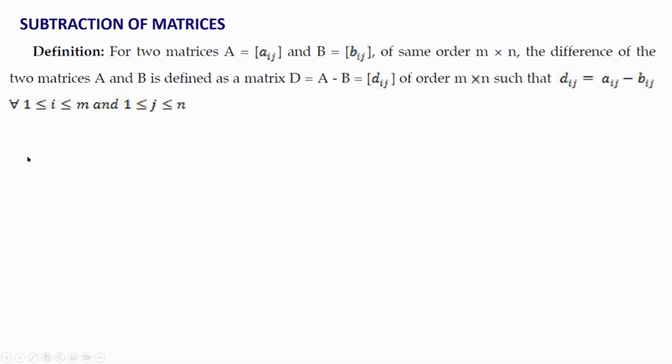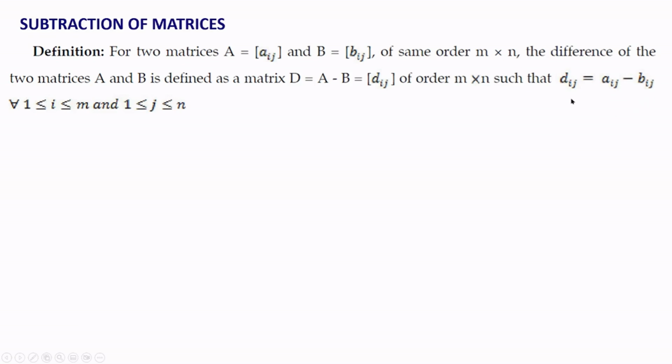Next we have subtraction of matrices. For two matrices A equal to Aij and B equal to Bij of the same order m by n, the difference of the two matrices A and B is defined as a new matrix D given by A minus B equal to matrix Dij of the same order m by n, such that Dij is equal to Aij minus Bij.